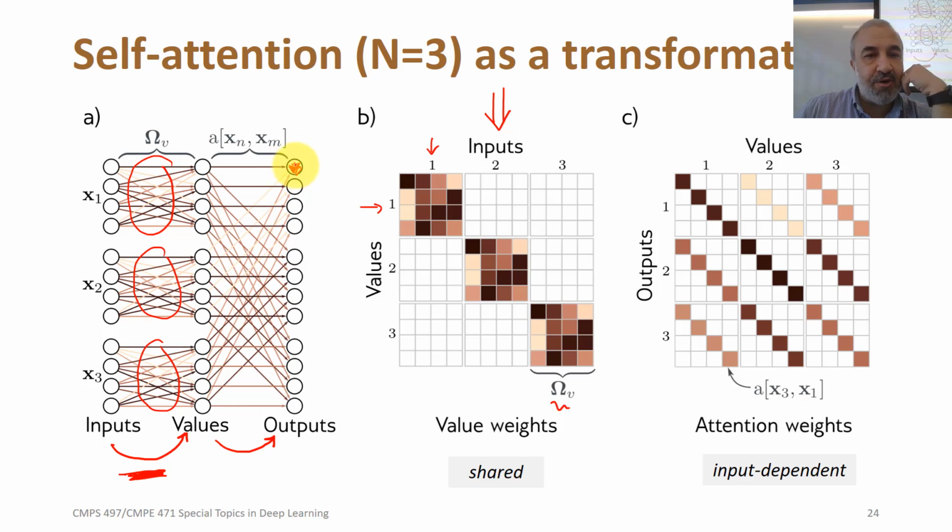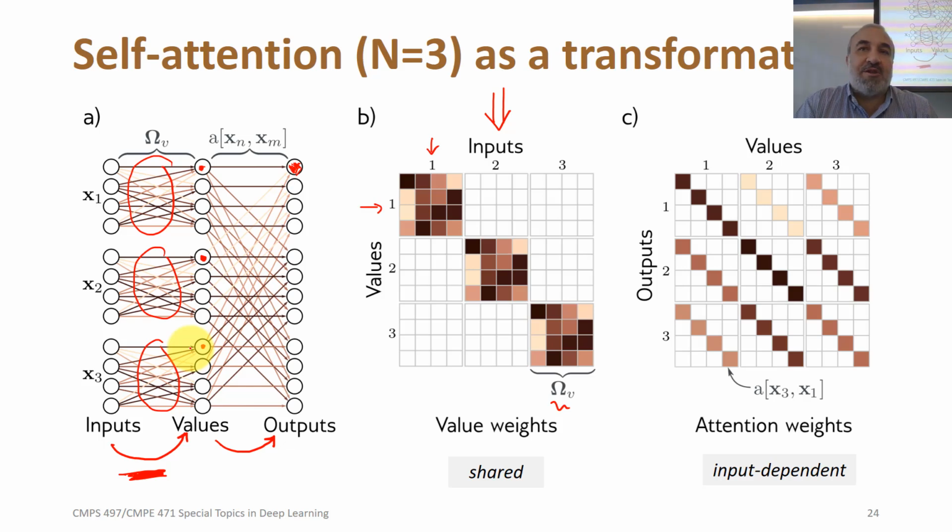This is the first value of each of the value vectors, right? You can see that the connections are coming from this one, and this one, right? Now we want to see it as a neural network, but it's no longer fully connected.